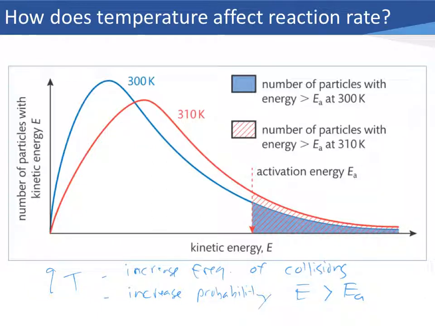But increasing the temperature not only gives a higher frequency of collisions of all kinds, but maybe it makes 15% of the collisions now have enough activation energy to overcome the energy barrier. So not only do I have more collisions in a unit of time, but a greater percentage of those collisions are now successful. Increasing temperature is a twofold double whammy, so to speak, for increasing the rate of reaction.